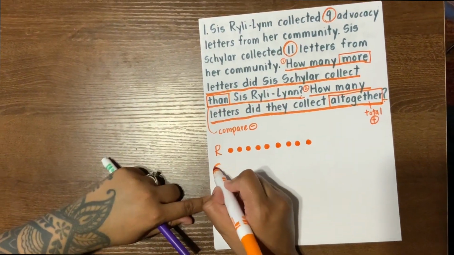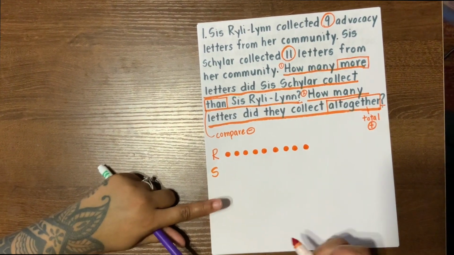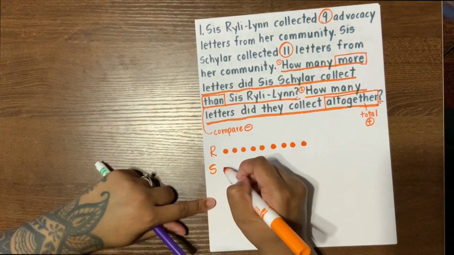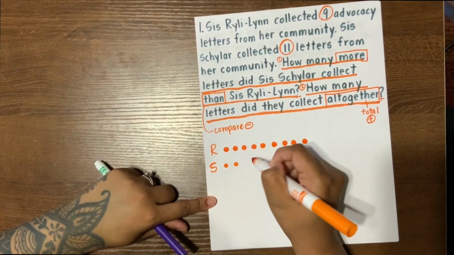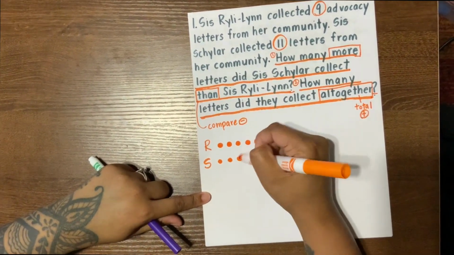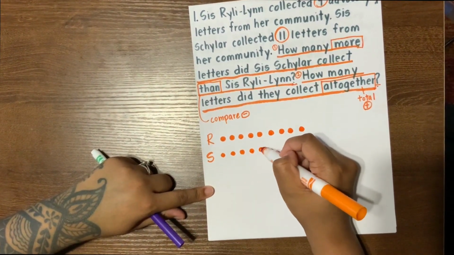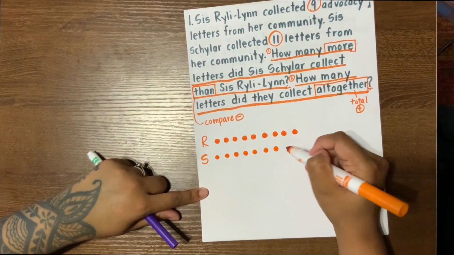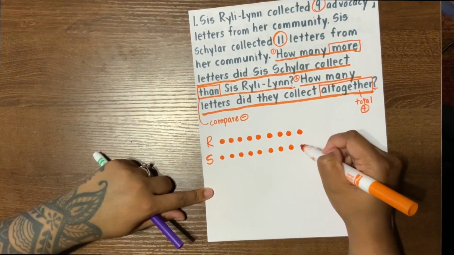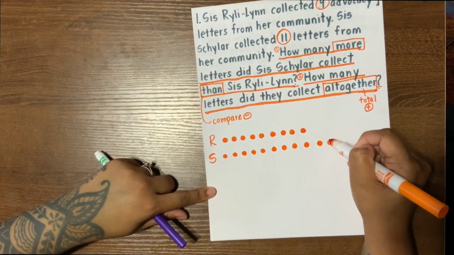I'm going to label my tape with an S because it's Sister Skylar's, and I'm going to draw her 11 letters. 1, 2, 3. I'm lining them up as I draw. 4, 5, 6, 7, 8, 9, 10, 11.